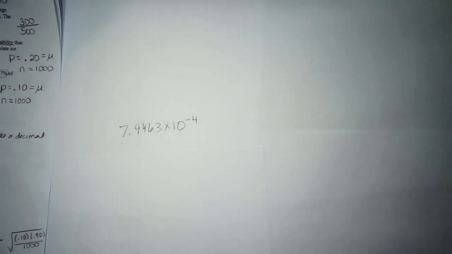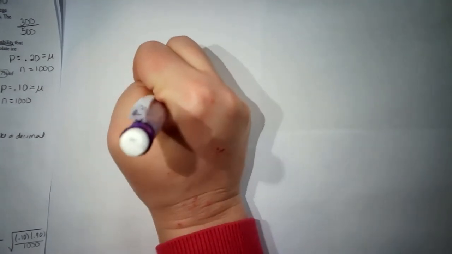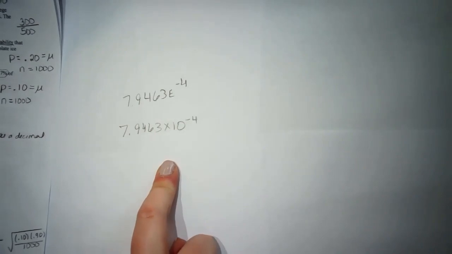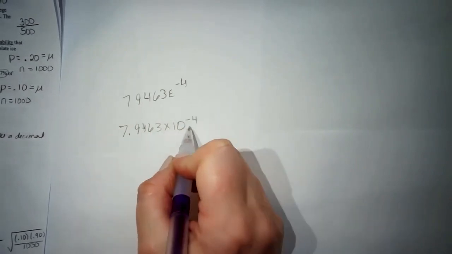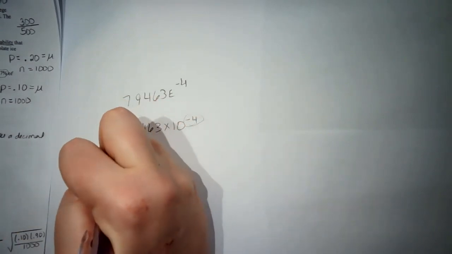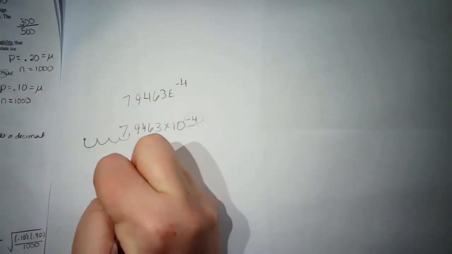All right. So when you get this in your calculator, what it really means is scientific notation. Remember that? That's all that means. So here's your decimal point. We want to move 4 places to the left. So 1, 2, 3, 4. And then we want to fill in those places with zeros. There's our answer. And then when I'm looking at my answer choices, they're rounded to 4 decimal places.